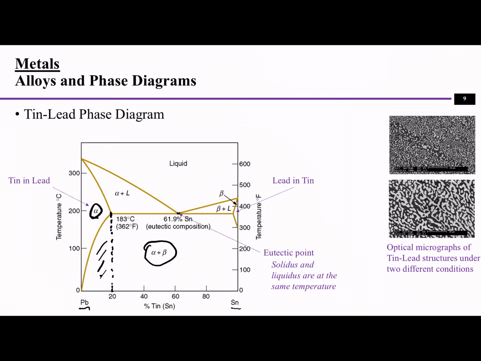And the eutectic point is here. When the percentage of tin is 61.9%, and the temperature is 183.1 degrees Celsius, then it will form this kind of eutectic point, where at the same time both the solid and liquid will exist.